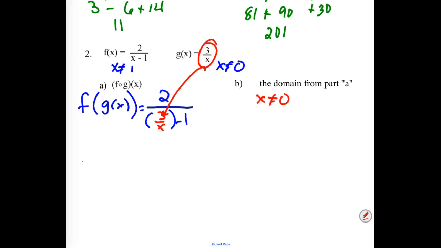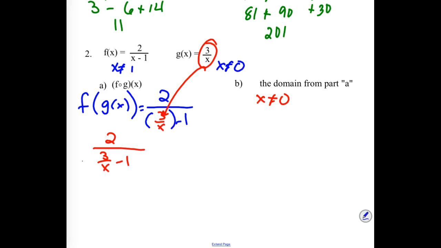Okay? Now I have to clean this up and see if there are any other restrictions. How do we clean up 2 divided by 3 over x minus 1? We did some work with this earlier. We wanted to get rid of denominators, right, to simplify our complex fractions.